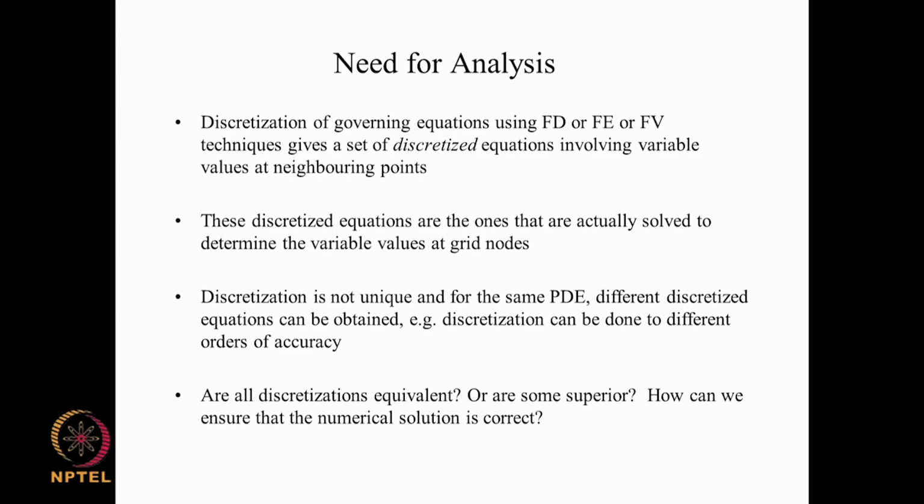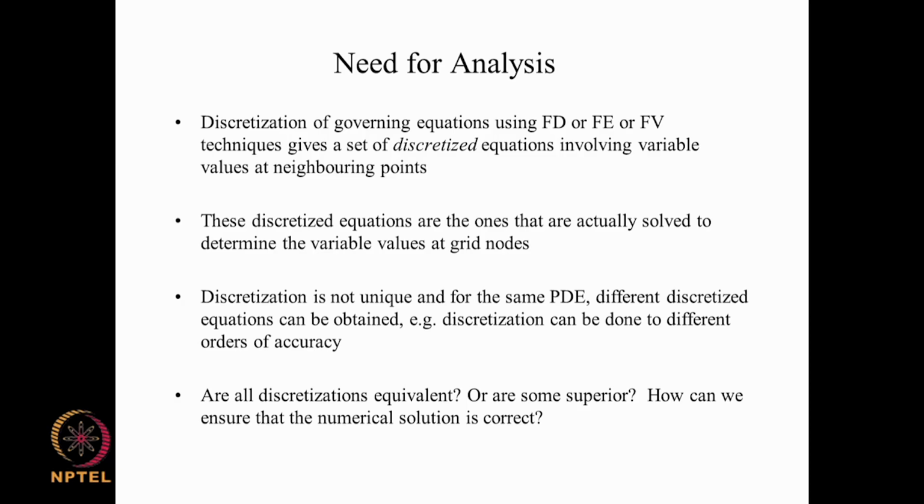As part of this derivation, we have seen that for a given derivative a number of approximations are possible, and when you have a number of such derivatives that appear, there can be a number of possible schemes by which the overall partial differential equation can be converted to an algebraic equation at a particular space and time location. This can be applied for all the points at which we want to have a solution, and we can have a set of equations which will then be used to find the solution.